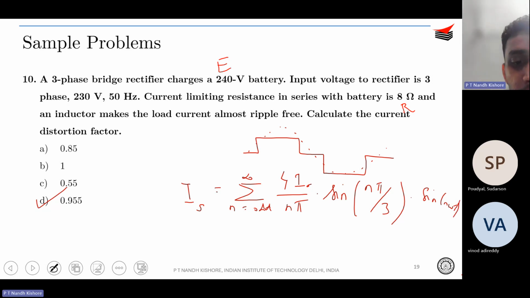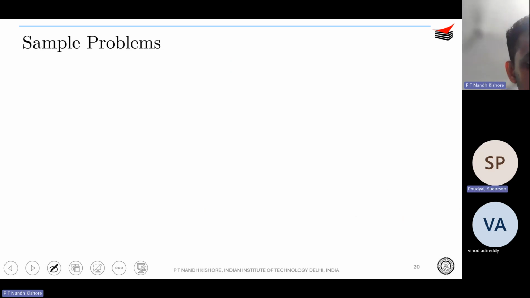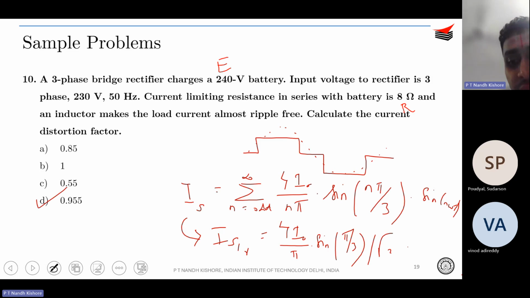So from this you can calculate what is IS1, right? IS1 RMS is given by 4 I naught by pi sine pi by 3 over root 2. Correct? So this is your IS1 RMS. Oh, probably I should have written it here.